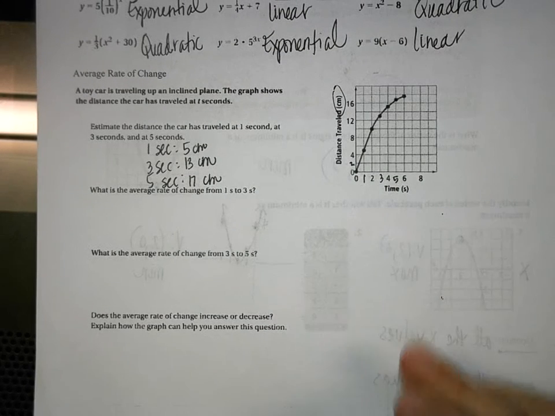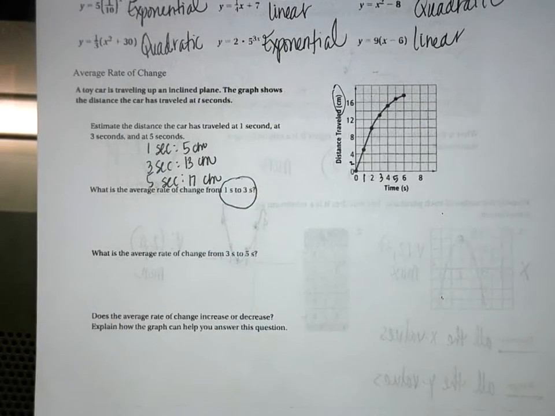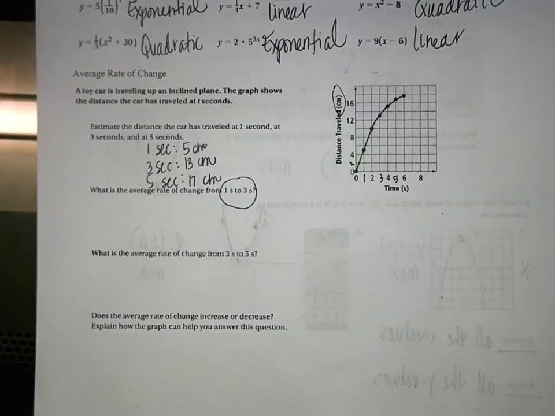Okay, the next question says, what is the average rate of change from 1 to 3 seconds? Does anybody have any idea what we would do to find average rate of change? What are they talking about? You could do that, possibly. I wonder if that would work.